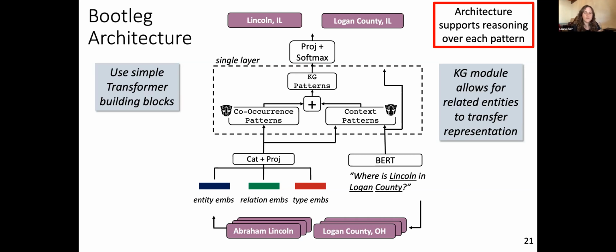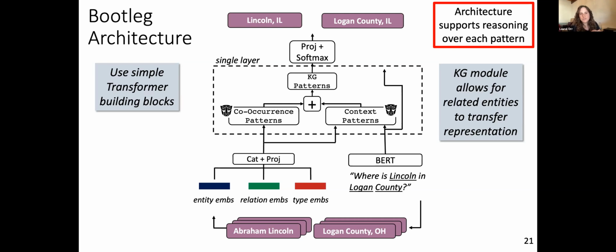So the basic workflow is you have these entity payload representations. And here on the left, you see the payload being generated again. Those representations get fed into our model along with a standard BERT-based sentence embedding. These get fed through two transformer architectures. One of them just helps you learn co-occurrence patterns between entities, and the other one helps you learn textual patterns between the entities and the sentence.